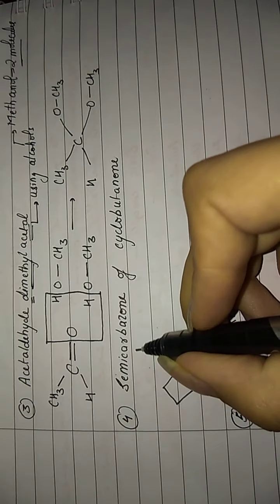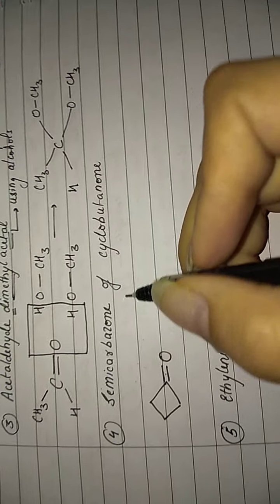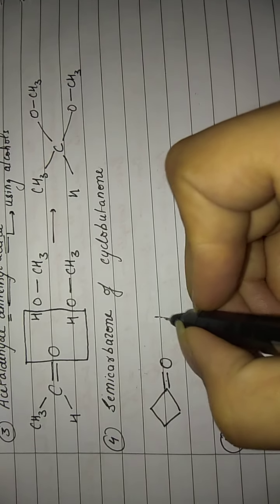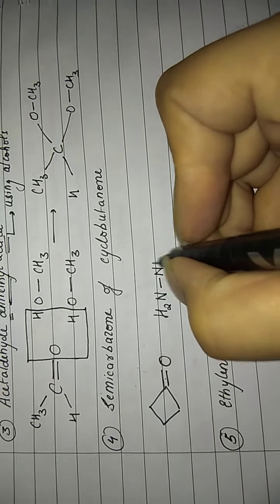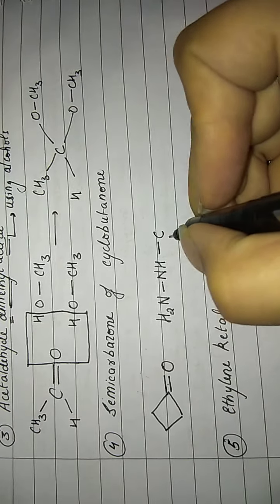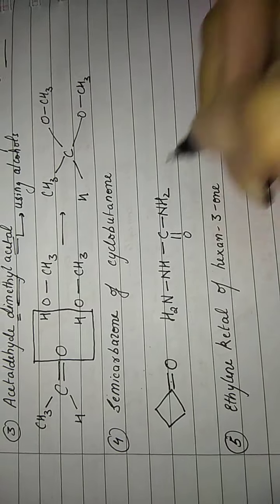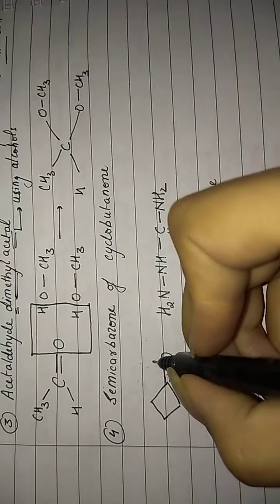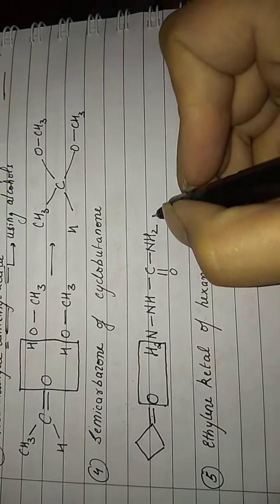Fine. Now the semicarbazone derivative is formed by using the reagent semicarbazide, which is NH2NHC double bond ONH2. Again, in all the ammonia derivatives you remove water only and you join the rest of the chain as it is.